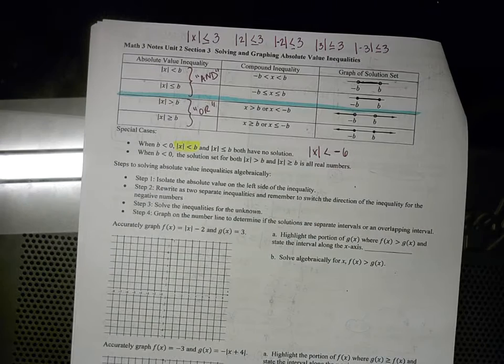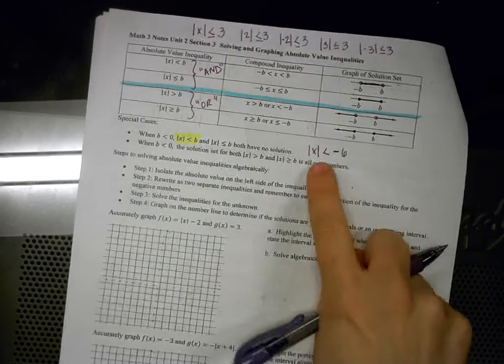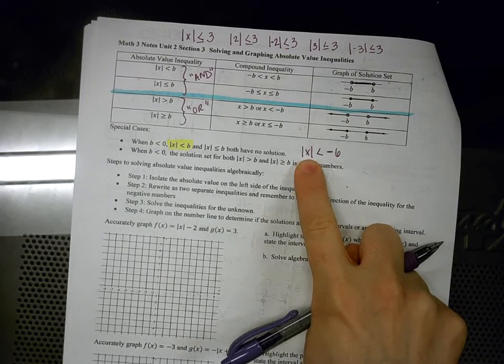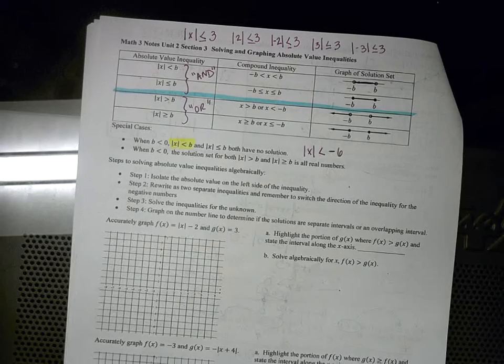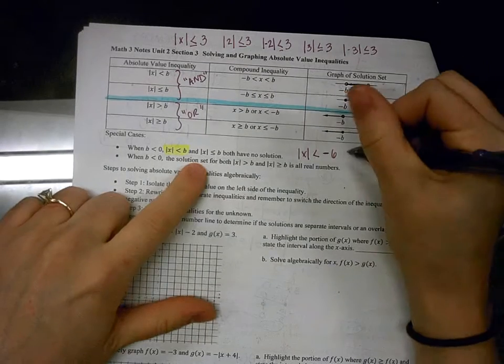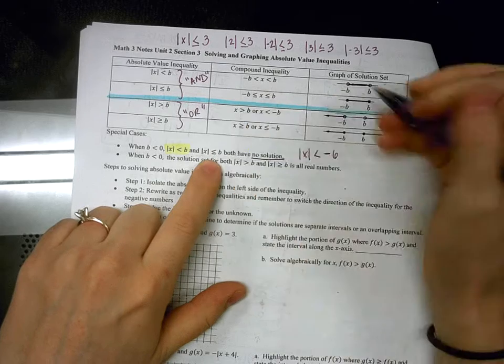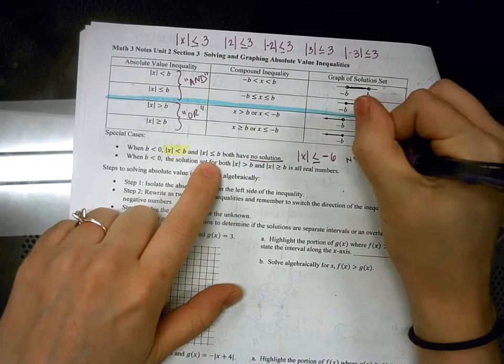Yes or no? Not possible. Why is that not possible? Because this answer of an absolute value is always going to be positive, and if you have less than a negative number, you'll always have a negative number. So that's going to have no solution. Same thing over here, less than or equal to. If it was an equal to, that would have no solution.